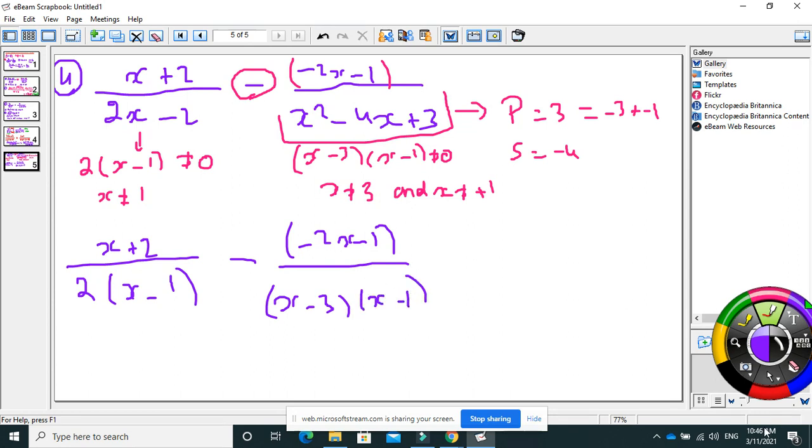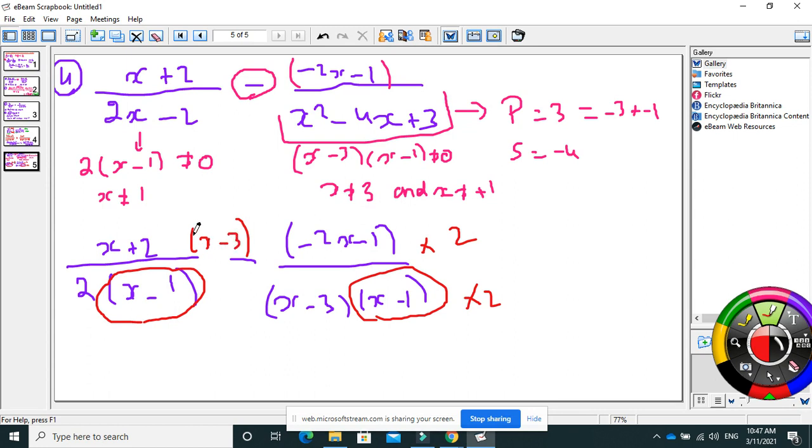If I look here, guys, x minus 1 is visible between both. Now, what is missing here? I still need a 2. This 2 is missing in the other one, so I'll multiply the numerator and denominator by 2. What is missing here? X minus 3. So I will multiply the numerator and denominator by x minus 3. Did you see what I mean by this?